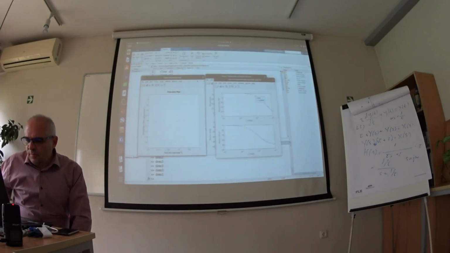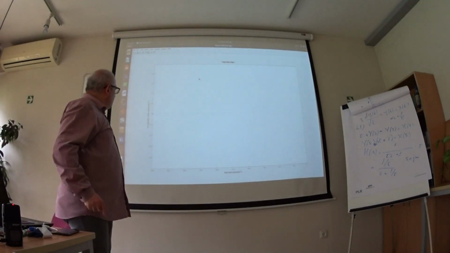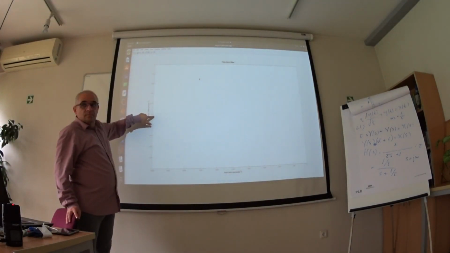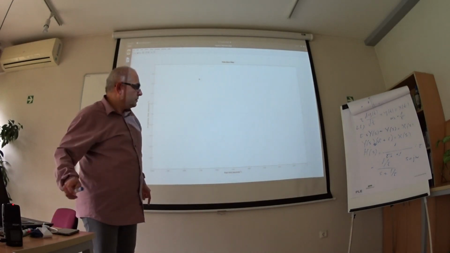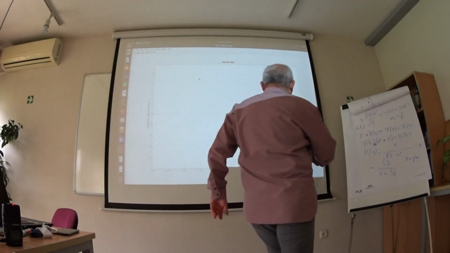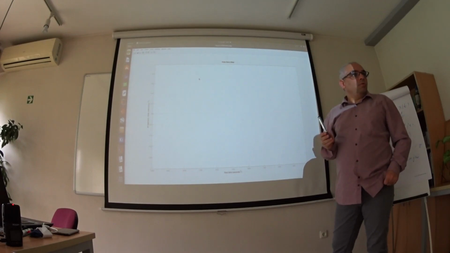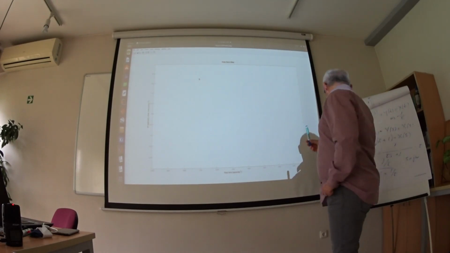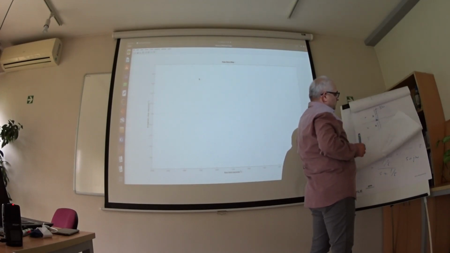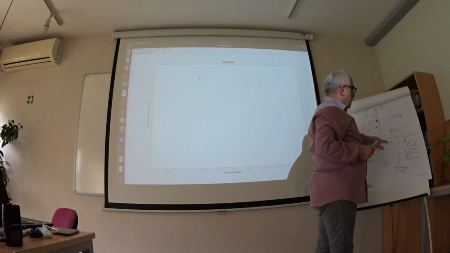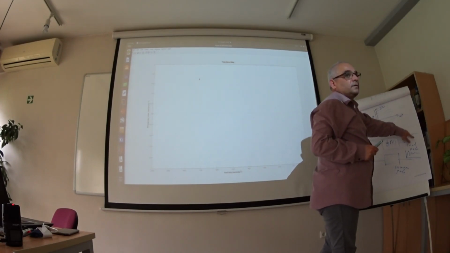You can see the pole zero plot here. Our pole is here. The j omega axis is here. We have a real pole. So this system behaves like this. It doesn't oscillate at the end.